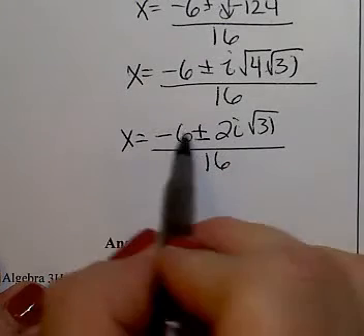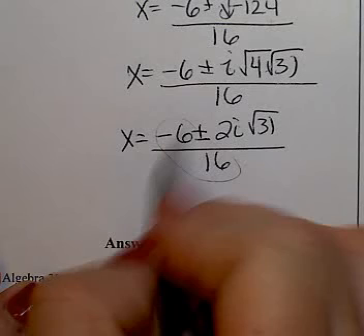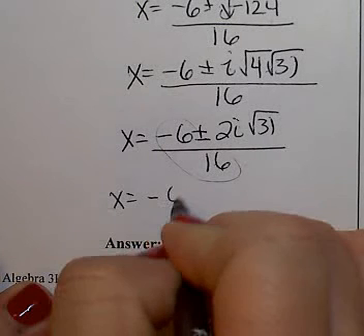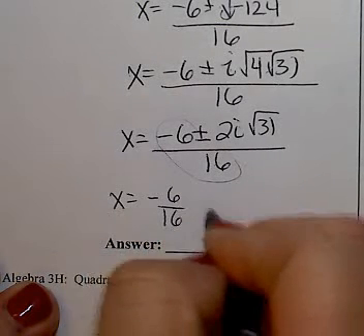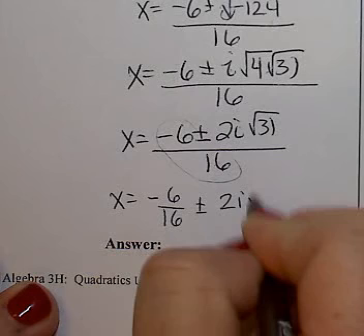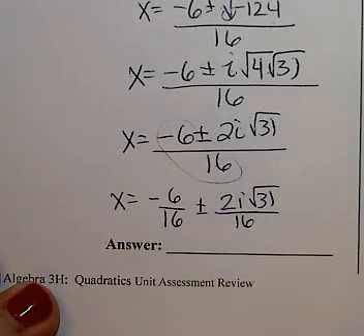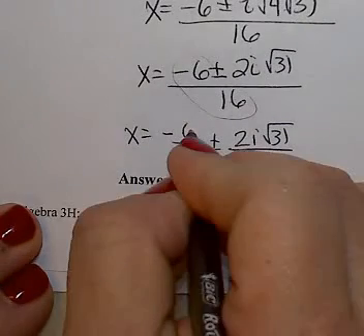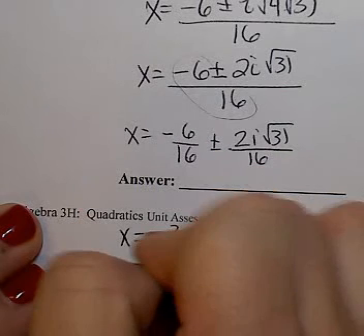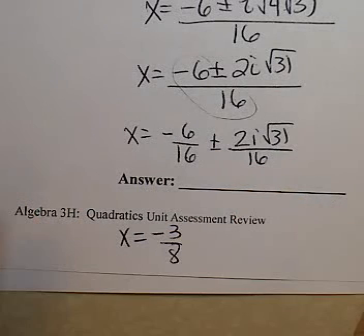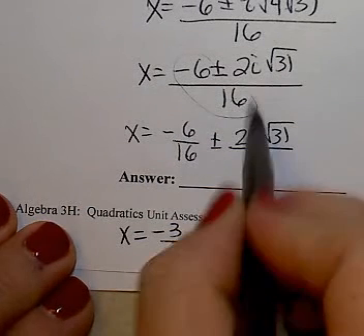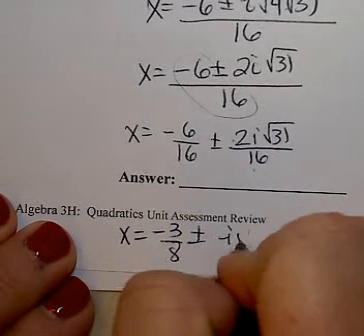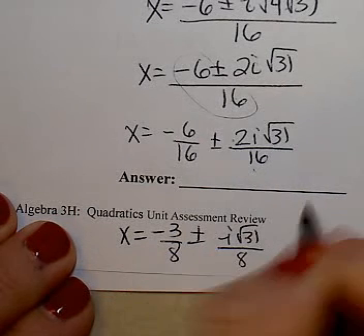So let's start with this one. I'm going to do x equals negative 6 over 16 and 2i radical 31 over 16. And we continue to reduce, both even, divide by 2 and divide by 2. And both even, I'm going to divide by 2 and divide by 2.